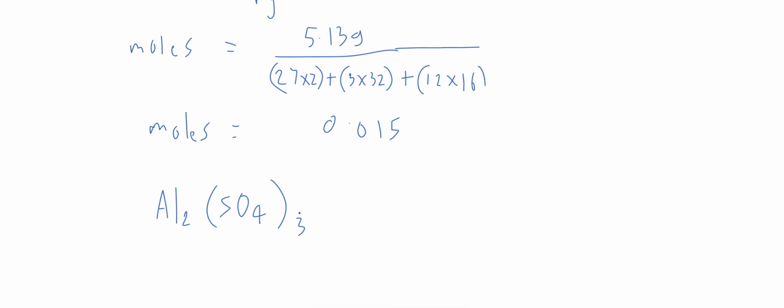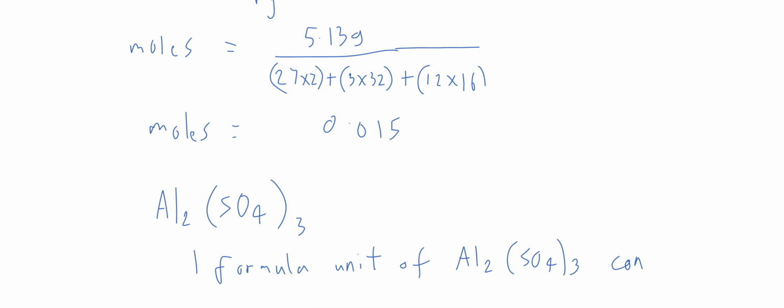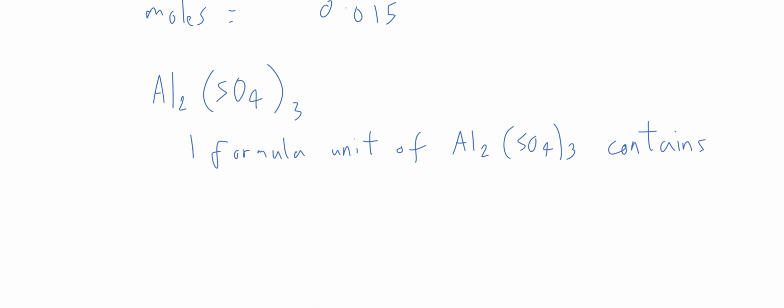So if you consider one formula unit of Al2(SO4)3, it contains 2 atoms of aluminium plus 3 atoms of sulfur plus 12 atoms of oxygen, which equals 17 atoms in total.